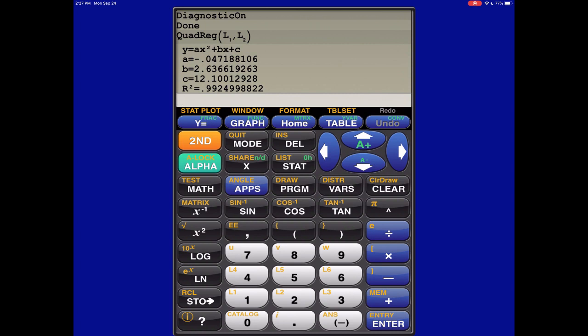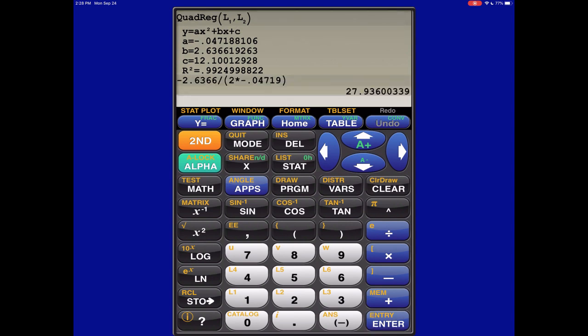So that would be to do 2.6366 divided by parentheses, second over, second insert negative, second back, 2 times negative 0.04719, close parentheses, enter. So that's my answer.